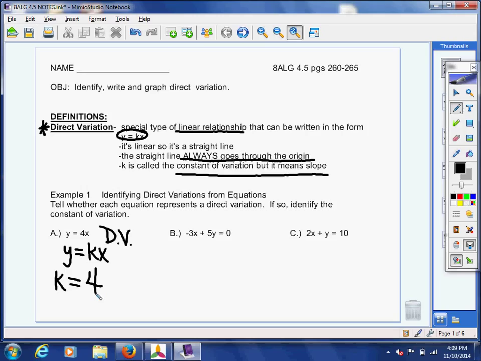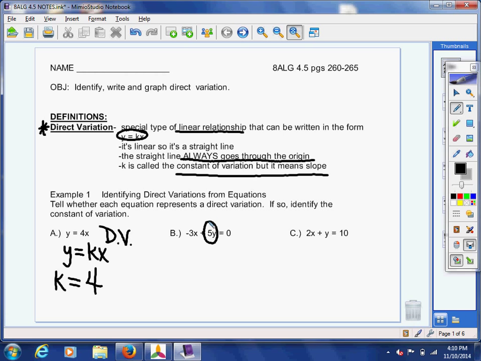Now, let's look at letter B. This time our equation is negative 3x plus 5y equals 0. It's not solved for y, but we can solve it for y and see if it's in the format. So we're going to put our force field up, so protect that 5y. Don't move it, don't touch anything with the 5 or the y just yet.